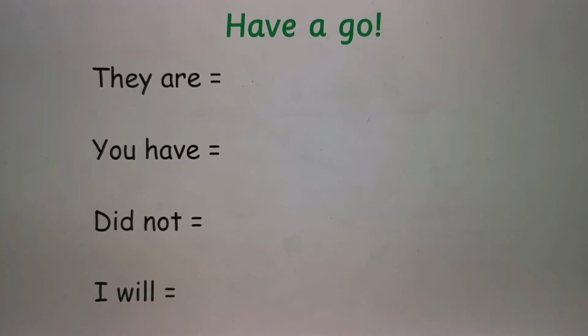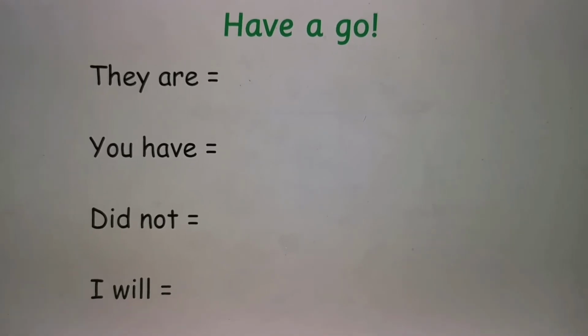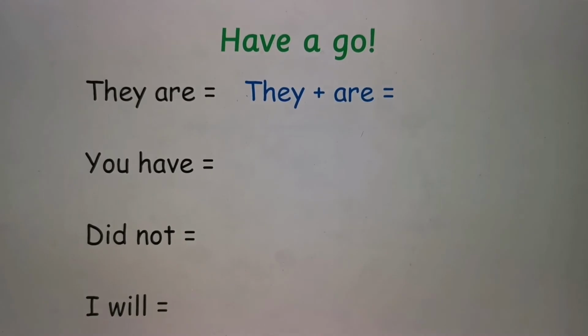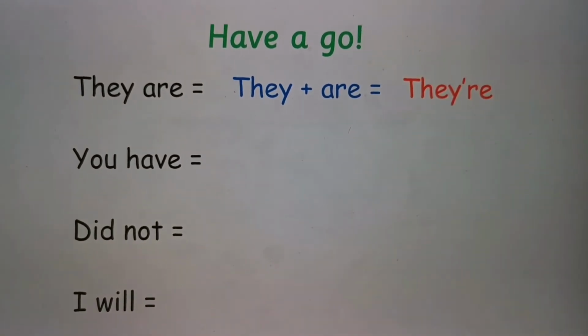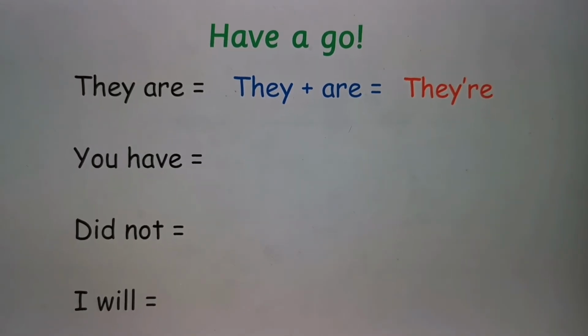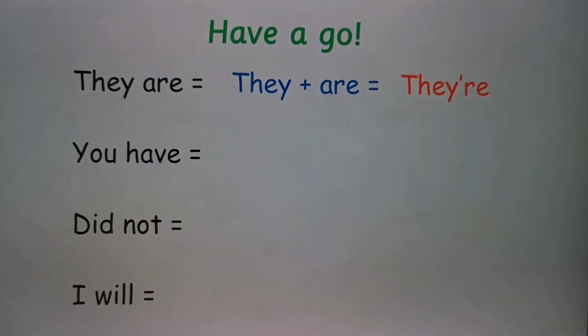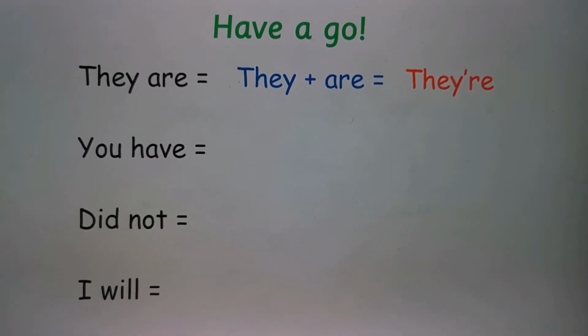Hopefully you've had a go of those and we can now go through the answers. Let's look at the first words. We have they are. They plus are would make the contraction they're. In this contraction, the letter A has been left out, so we put the apostrophe where the A has been omitted.